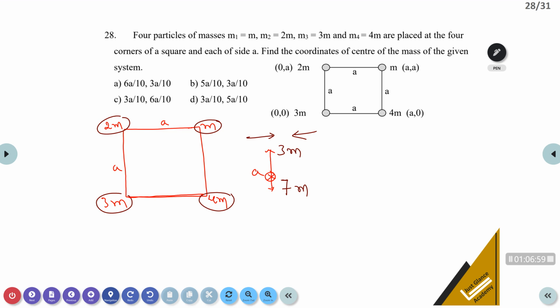Very close to 7 means it may be either this possible or this possible. Now let's check it. No need for detail.